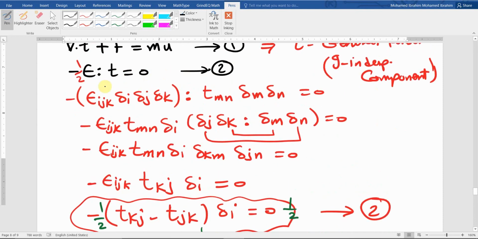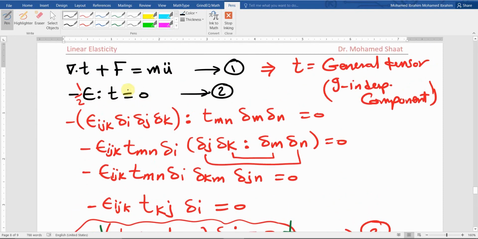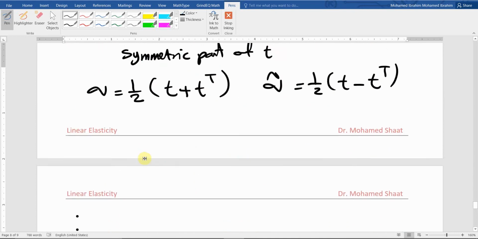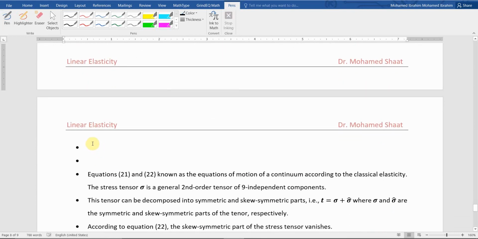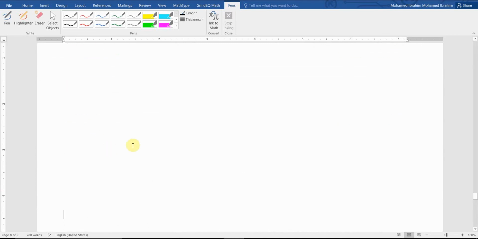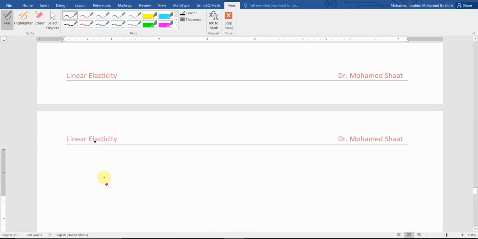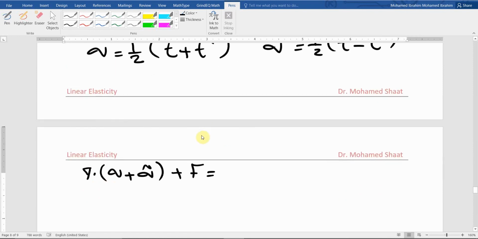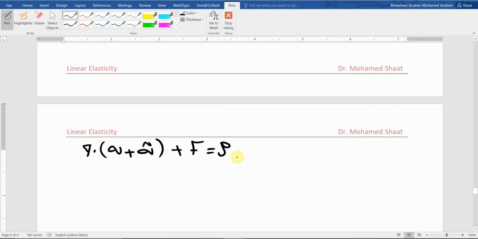So if I ask you to substitute this T as sigma plus sigma hat into these two equations, we're going to end up with the first equation: nabla dot T, which will be sigma plus sigma with a hat, the symmetric and skew symmetric parts, plus the body force equals m u double dot, and we agreed to replace m with the density, as we discussed above, so it will be rho u double dot.